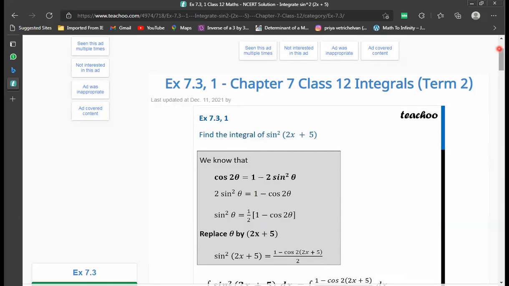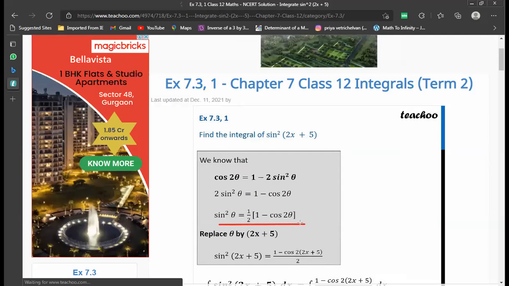So sine square theta is equivalent to 1 by 2 into 1 minus cos 2 theta, isn't it? This is the formula. So here theta is nothing but 2x plus 5. So you can rewrite your question as 1 by 2 into 1 minus cos 2 times of 2x plus 5.